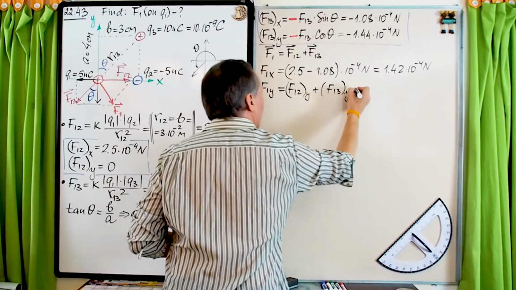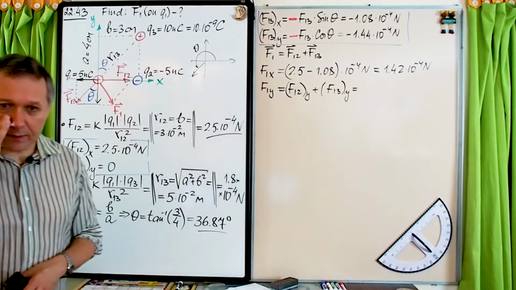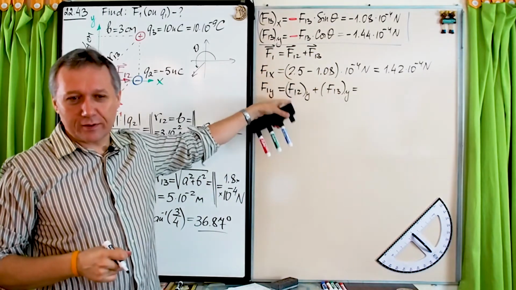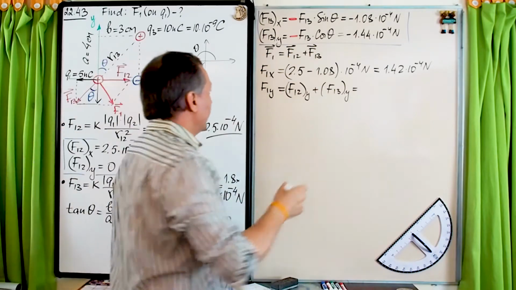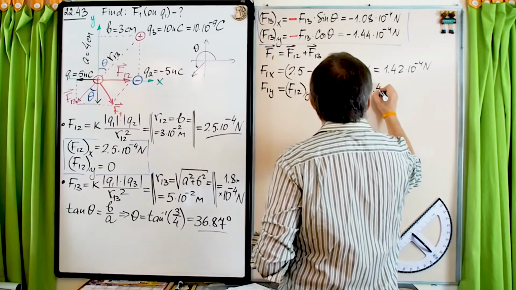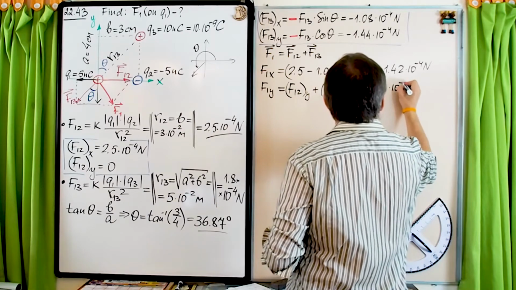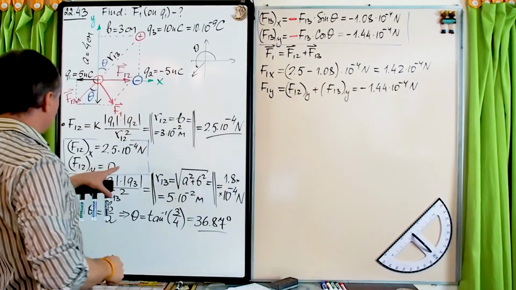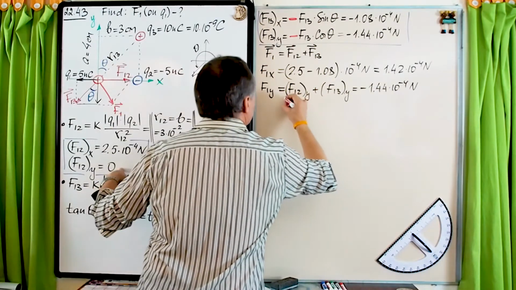So of course it will be negative 1.44 times 10 to the power of minus 4 newtons. And let me remind you that this component F12y is just 0.